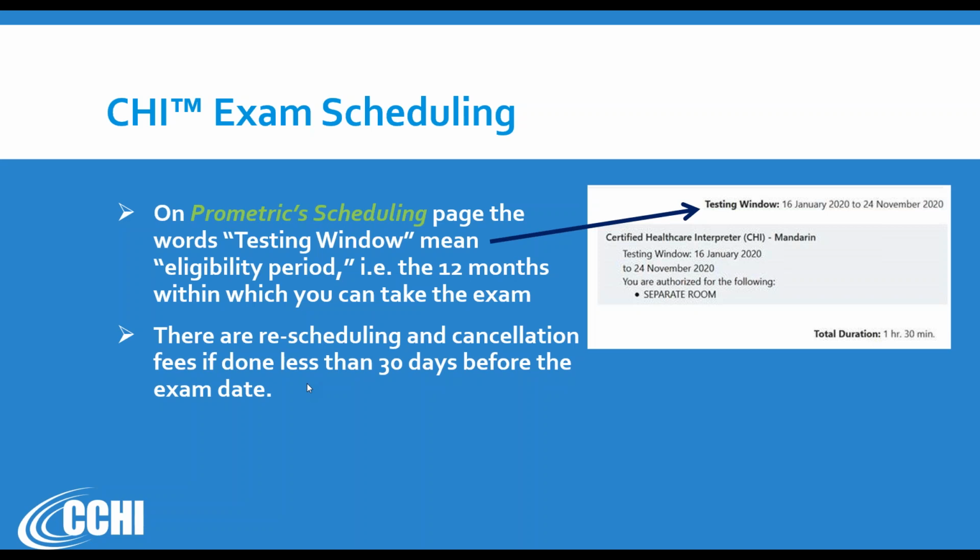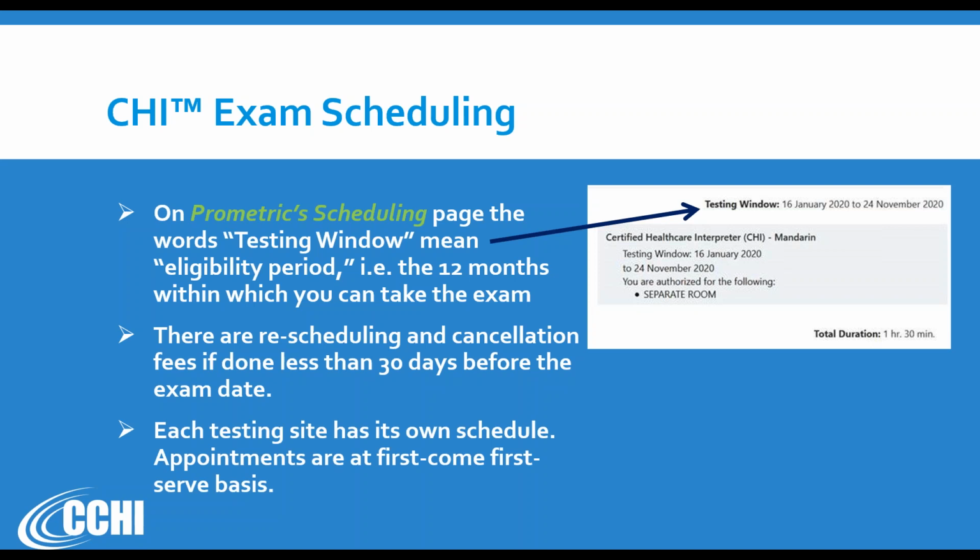But if you reschedule less than 30 days in advance, there is a $25 fee. And if you reschedule 5 days and fewer, then there is a $130 fee. So be careful. Make sure that you schedule a date that really works for you. Otherwise, you may have to pay a fee.